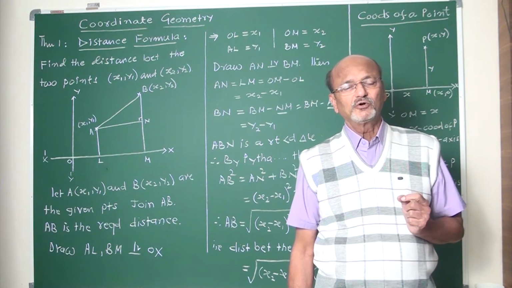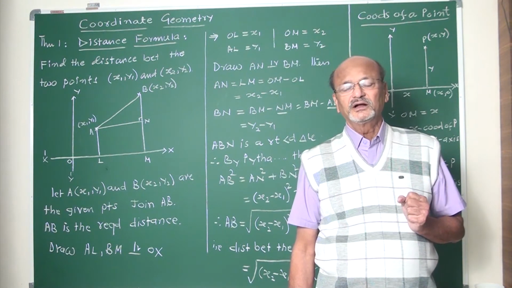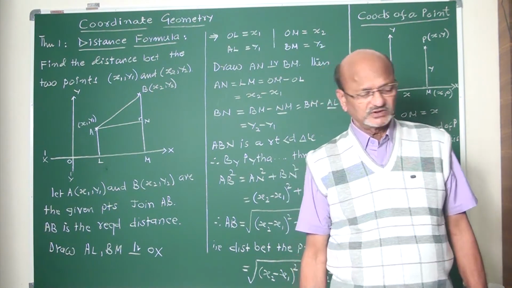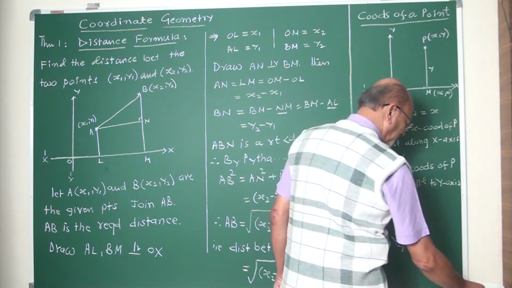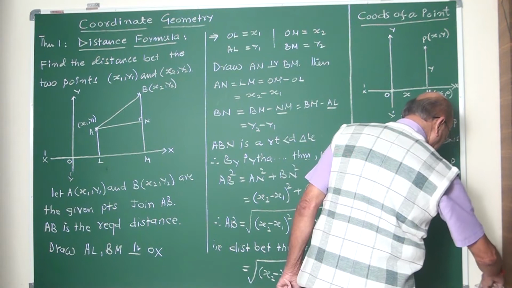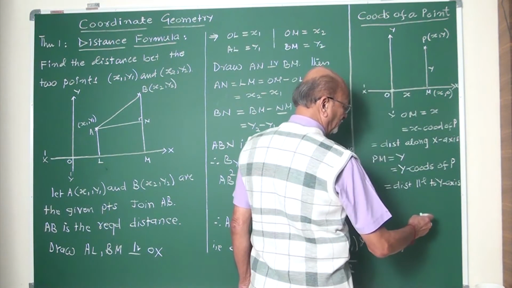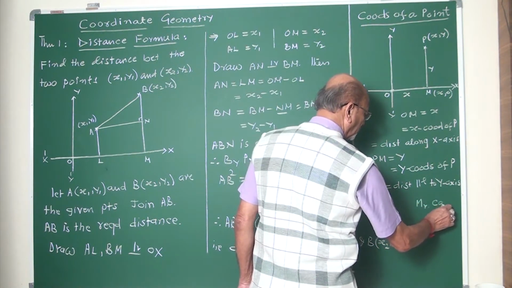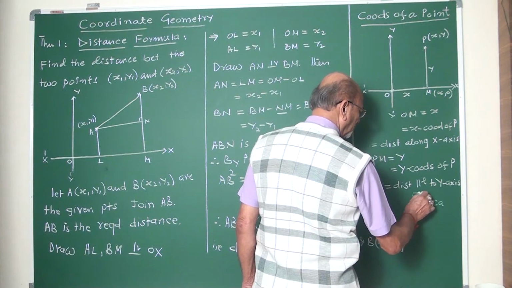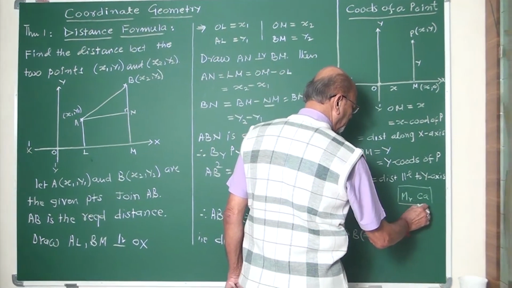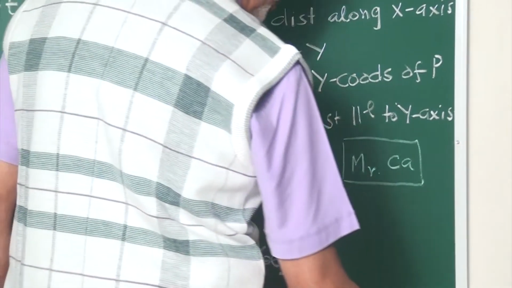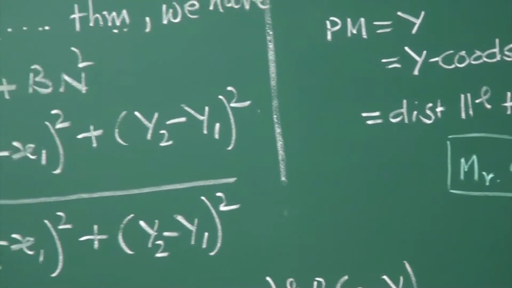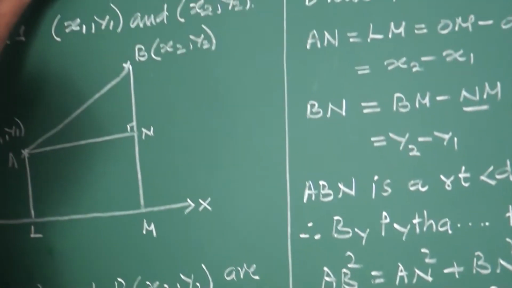I told you about the very important person, Rene Descartes, nickname Mr. K. That K led to Cartesian coordinate geometry, to avoid writing it in this lengthy way. The friends made it short: only coordinate geometry.